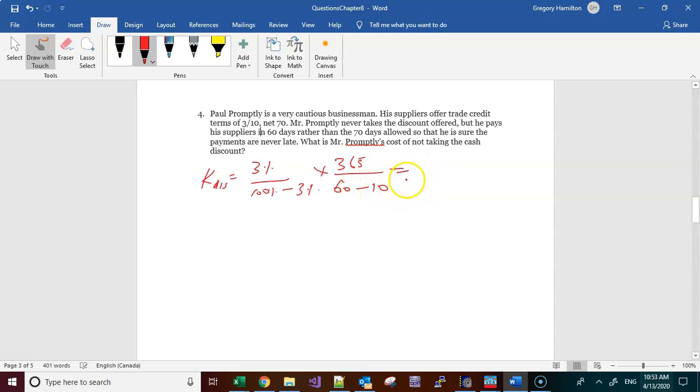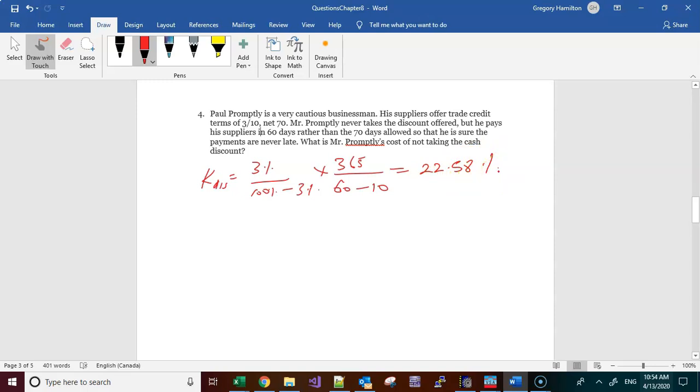So therefore, Mr. Promptly is actually accepting 3/10 net 60. He's actually taking only 60 days. So if we calculate this, we should have Mr. Promptly's cost being 22.58%.